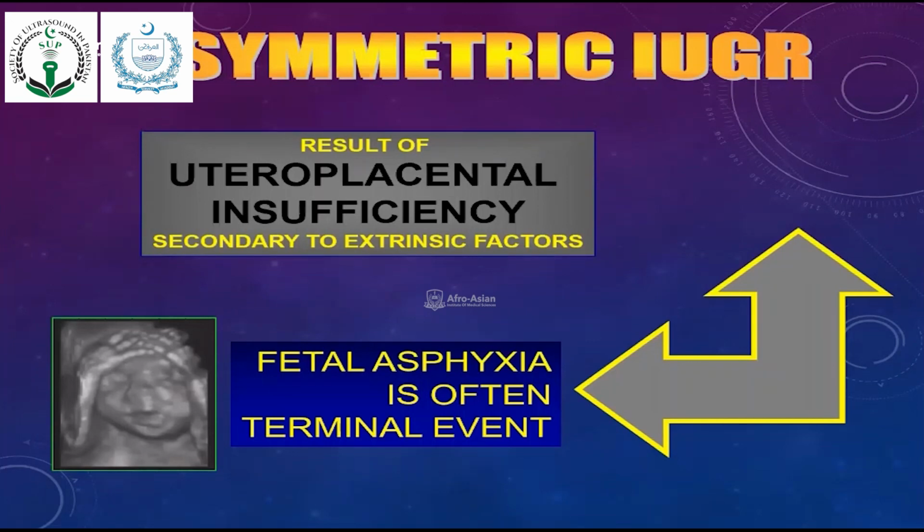Asymmetric IUGR is the result of uteroplacental insufficiency secondary to extrinsic factors. And in asymmetric IUGR, fetal asphyxia is often the terminal event. So any fetus having asymmetric IUGR can end up with asphyxia.